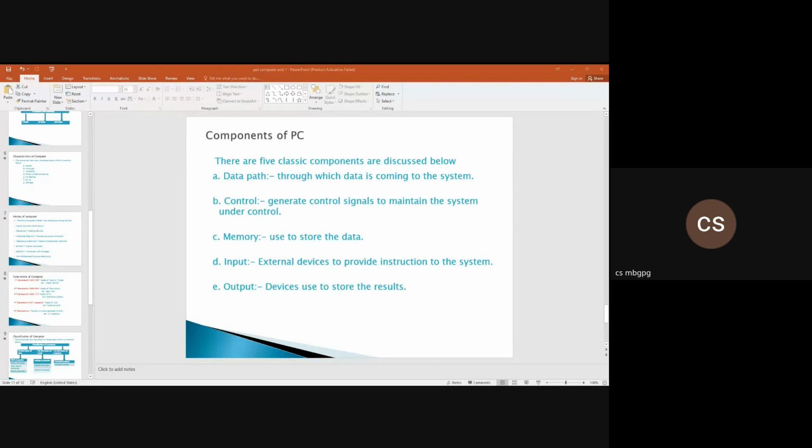That is non-volatile in nature because data will be stored after shutdown also. And in volatile memory, when power goes off, it loses all its content. That is your RAM part, random access memory. This is one type of your memories, one type of your primary memory.